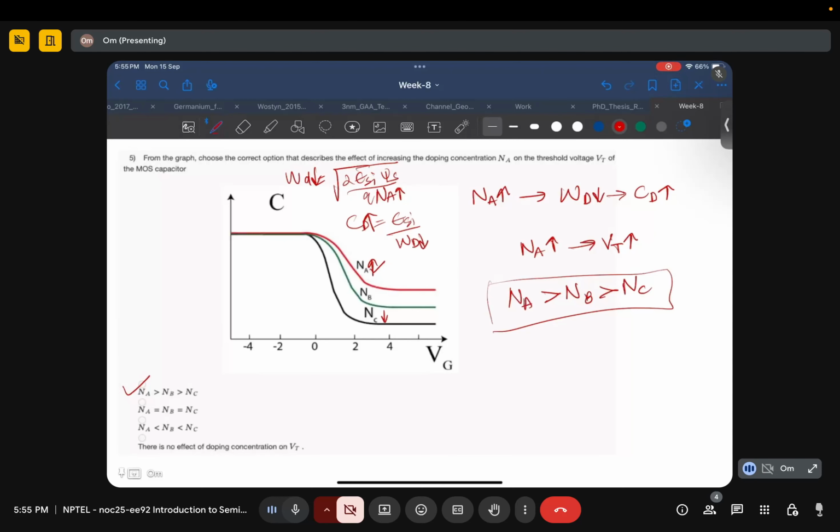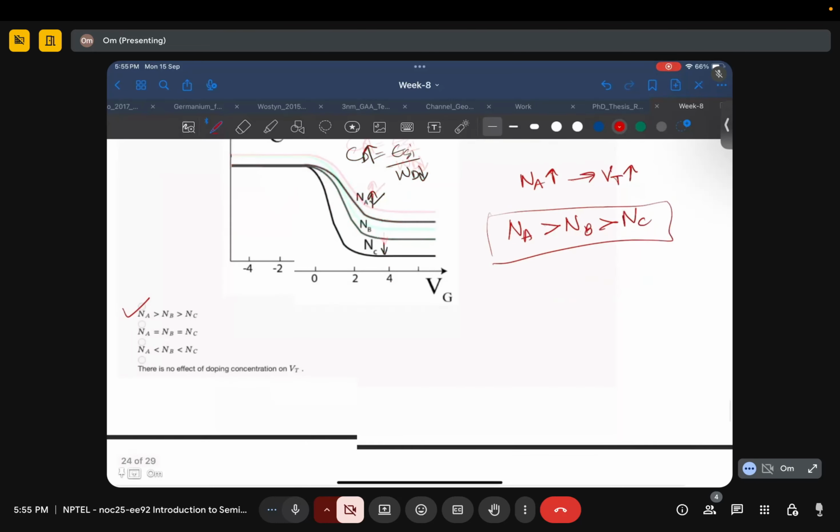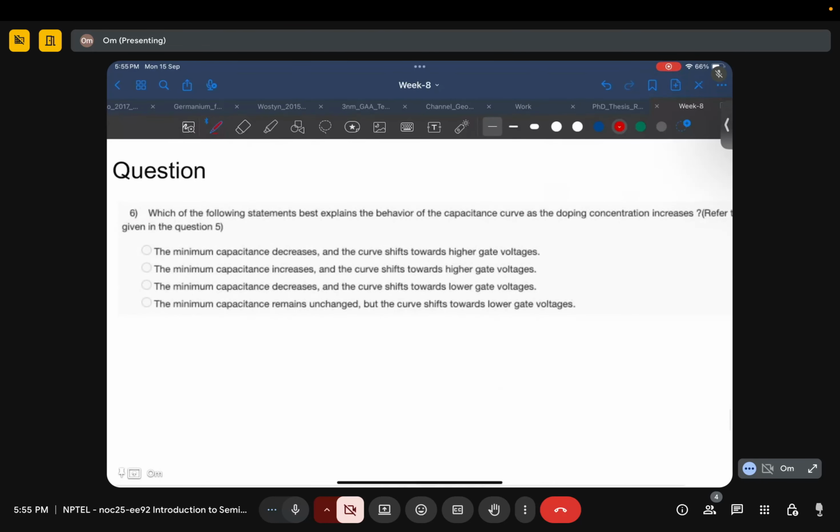Okay, so let's take the next question. Which of the following statements best explains the behavior of the capacitance curve as the doping concentration increases? We have just seen this.